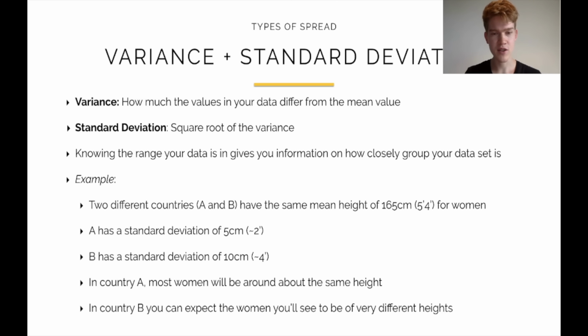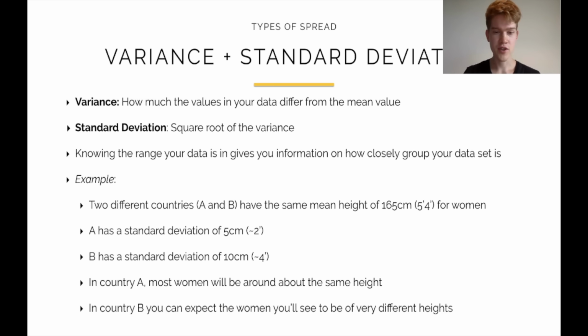So our standard deviation is lower. That means our values differ less from the mean. And so a lot of the women that you're going to see are going to be very close to 165 centimeters or 5 feet 4, plus or minus 2 inches. So what you can expect when you go to this country is that a lot of the women are going to be about that height.